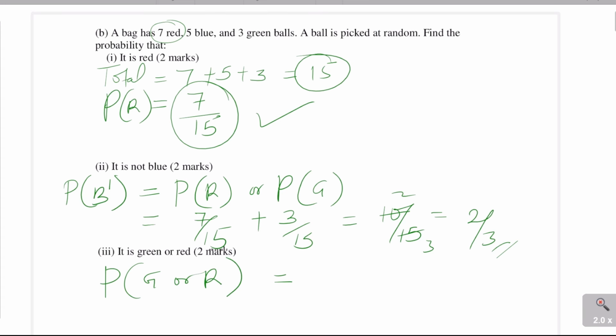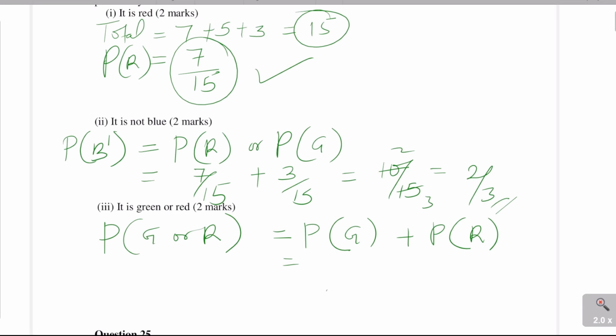So by the laws of probability, in probability, that means that we shall add. So the probability it is green or red is the same as the probability it is green plus the probability that it is red.